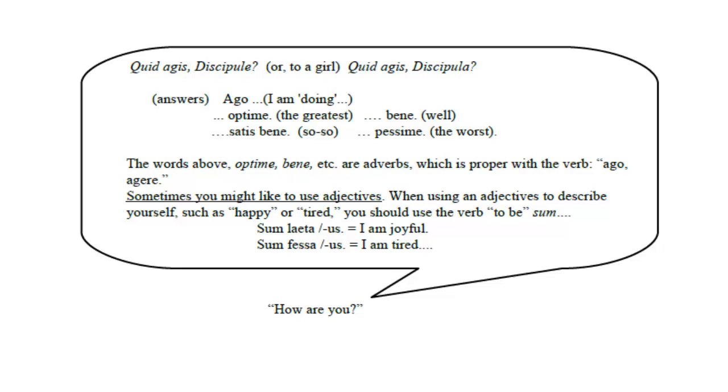These two examples are joyful and tired. And so there you have it, another addition to your conversational Latin. Do try to use some of these sayings and snippets of conversation whenever you get a chance.